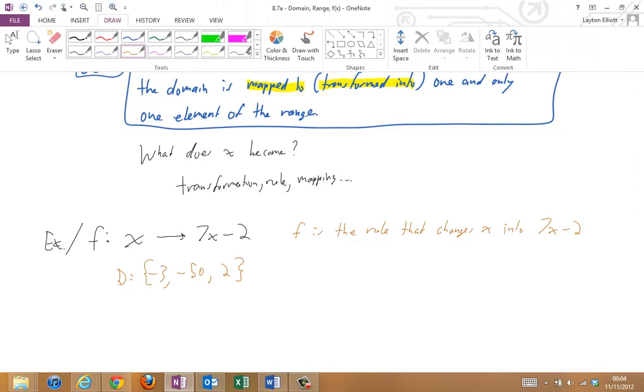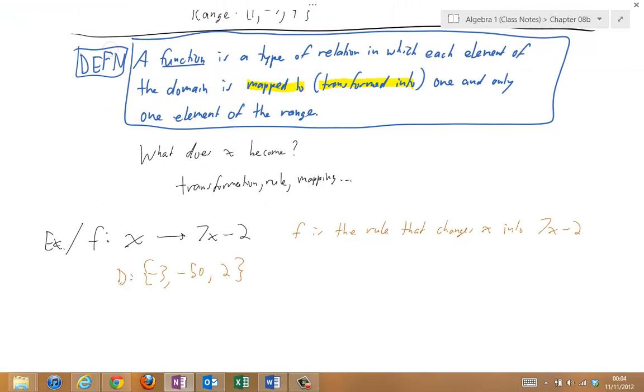Do me a favor, pause this video after I write these numbers down, and just find the range. Two or three seconds, hit pause right now. Okay, hopefully you hit pause. I'm going to erase this and go back to say, what's the range? Well, my range would be 7 times -3 minus 2, or -23.